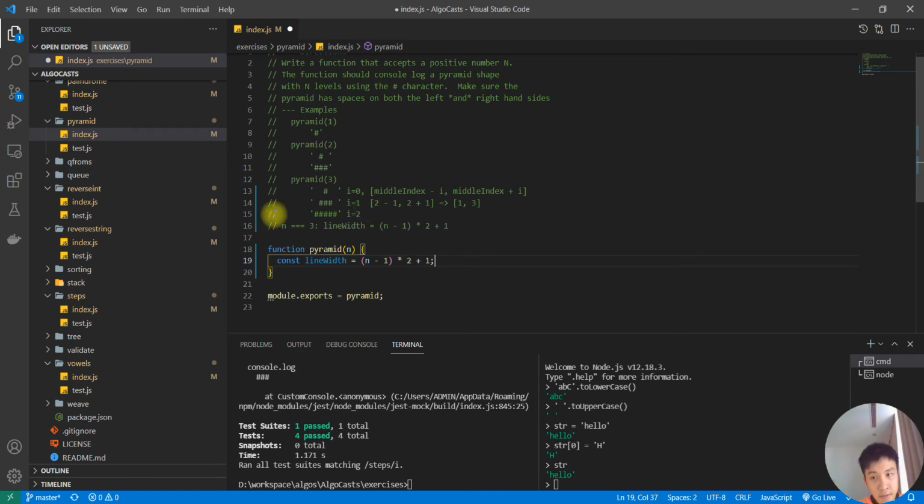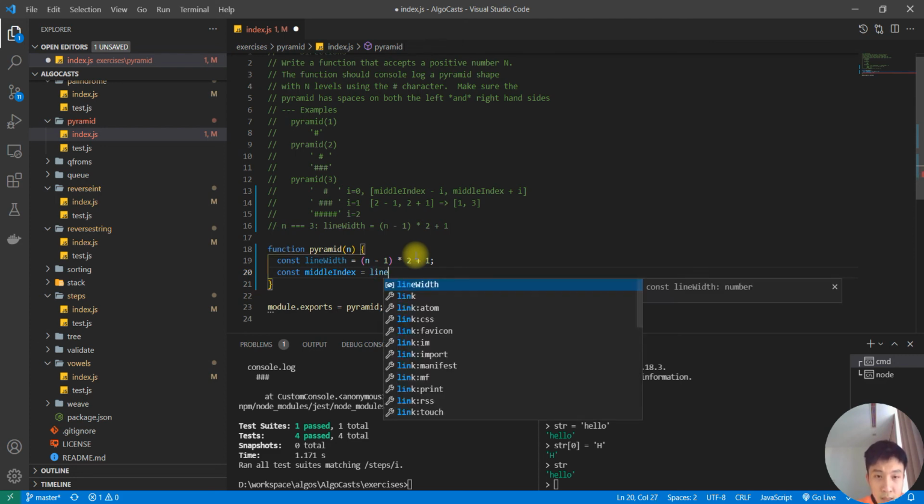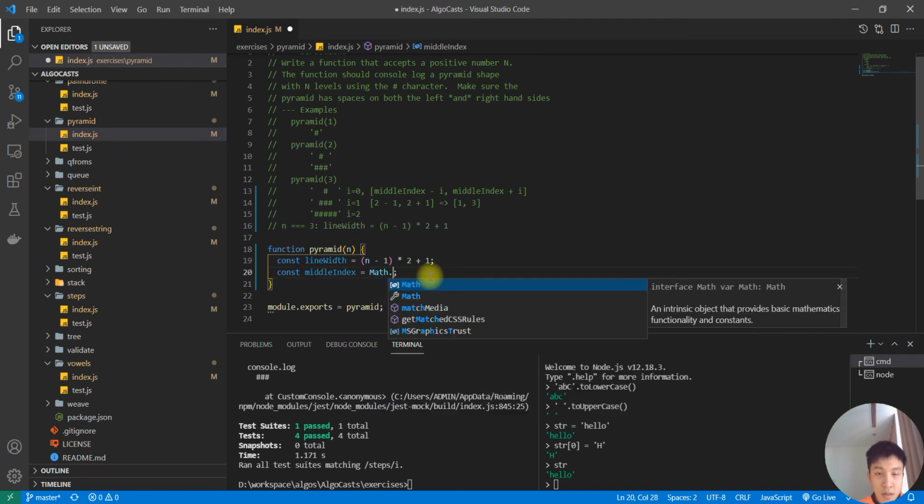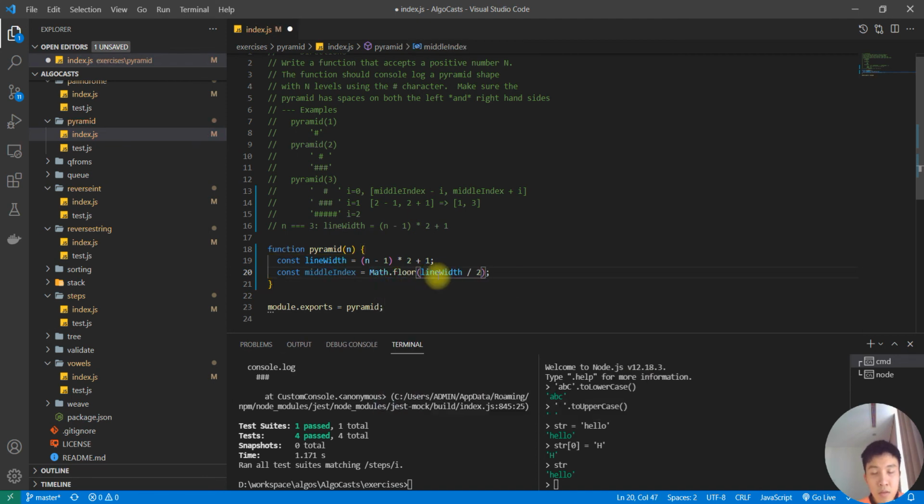For this one, 5 divided by 2 is 2.5, rounded to 2. So middle index is equal to line width divided by 2, and we want to round it down to get the index.